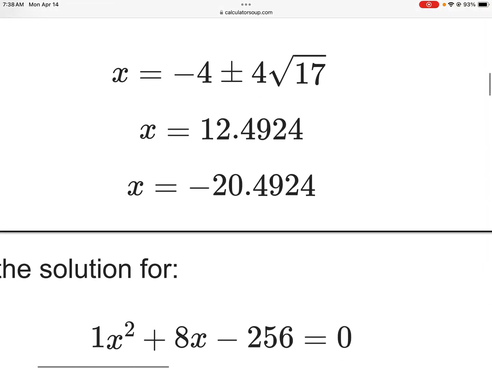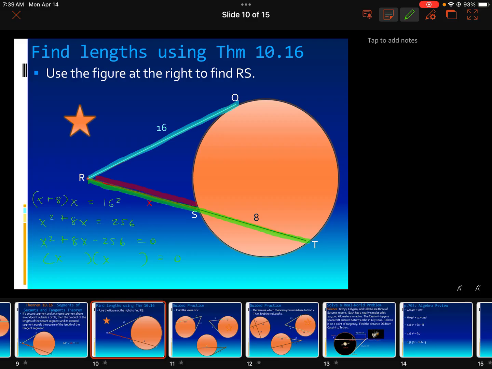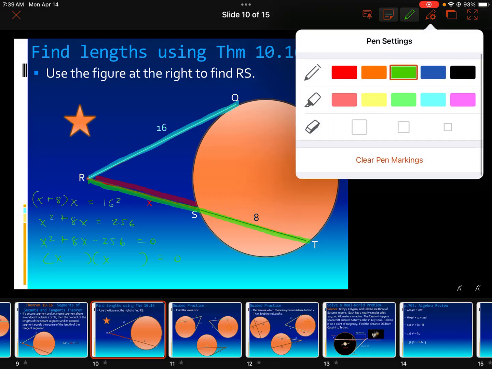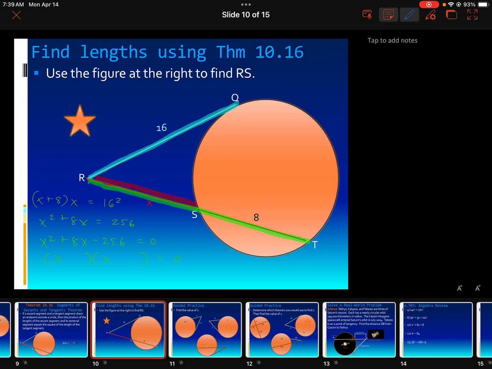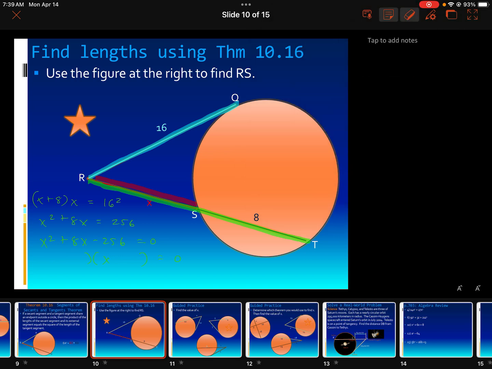This would be your value of x. We have a negative value and a positive value. It's negative 4 plus or minus 4 square roots of 17. And it's got to be a positive value because if you notice, that red segment has a length of x. It's got to be positive.